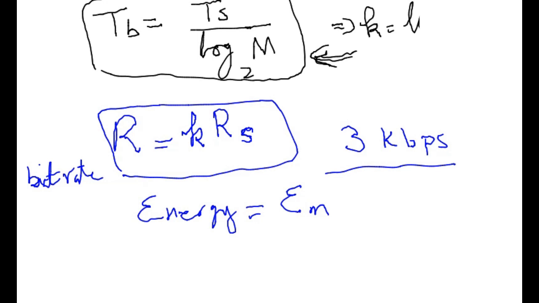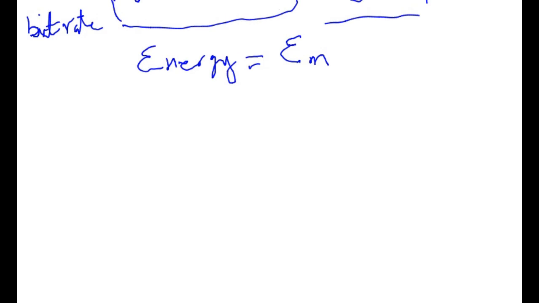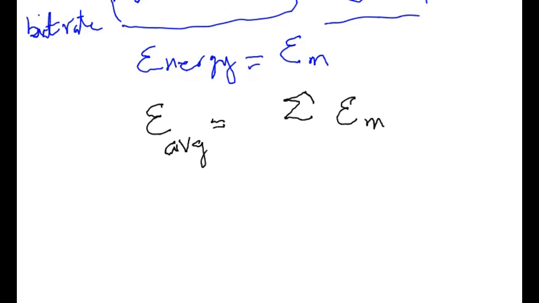If we are interested in the average energy, we sum the energy of all the signals and divide by the total number of symbols. So E average is the average energy: I sum all the energies of all these symbols. Suppose I have M unique symbols.